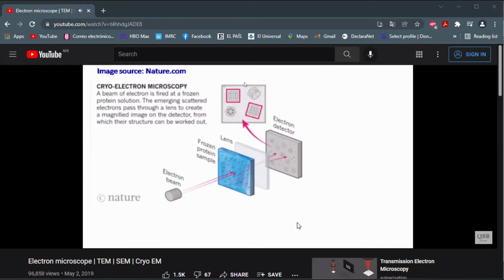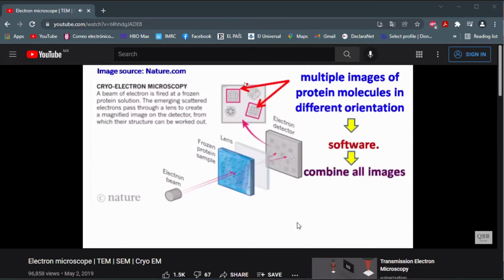An interesting thing to note over here is that the frozen protein solution can have protein molecules in different orientations. Hence, while taking multiple images of protein molecules in different orientations, a 3D image of the protein can be obtained by combining all images using software.